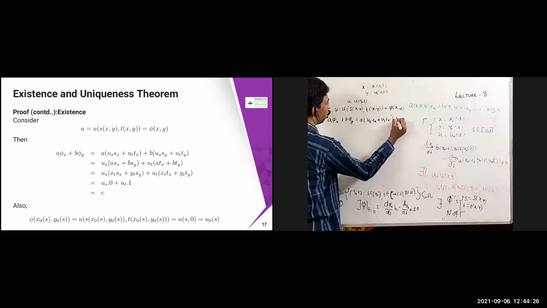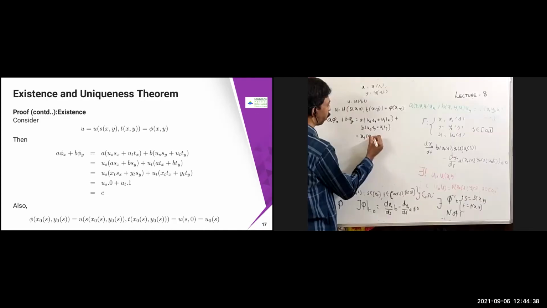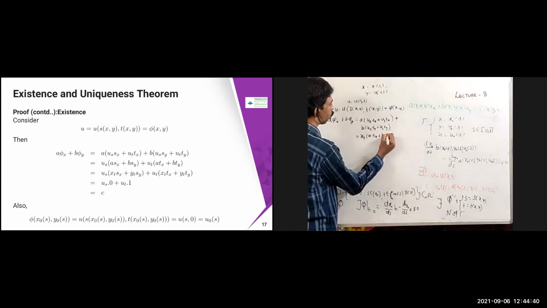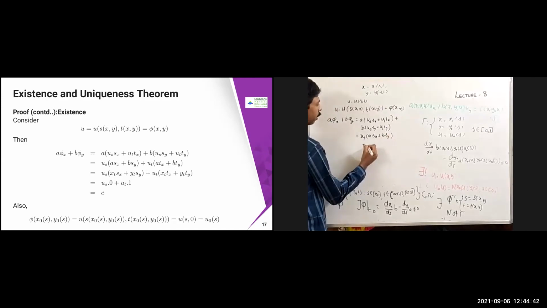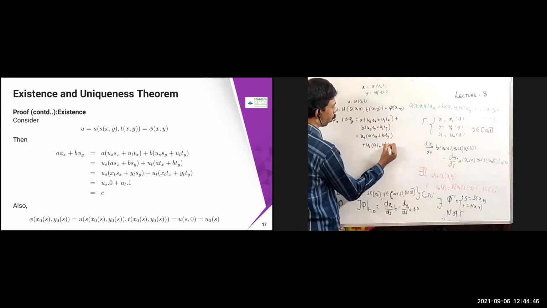Similarly plus b into u s s y plus u t t y. Now take u s common: this becomes u s times a s x plus b s y, plus u t times a t x plus b t y.